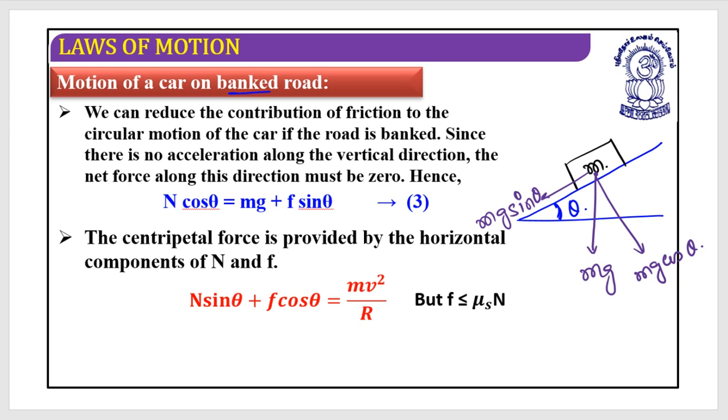This is the normal. As this is theta, even this should be theta. That means it is N cos theta, and this would be N sin theta. I hope this is clear. Yes, a friction would be there, which is in the downward direction.